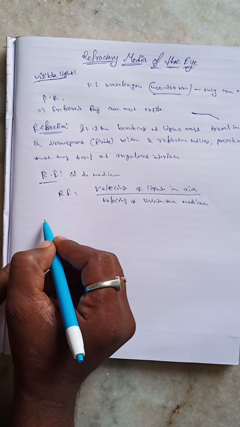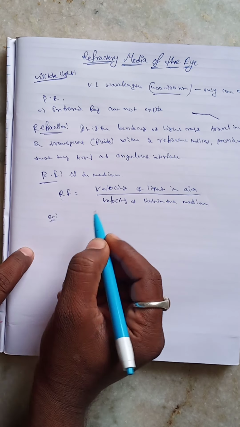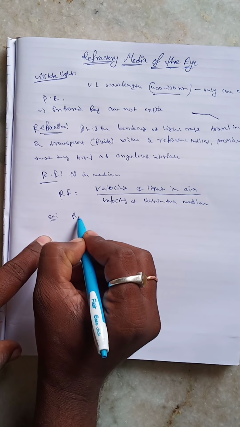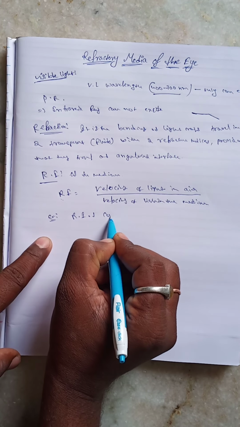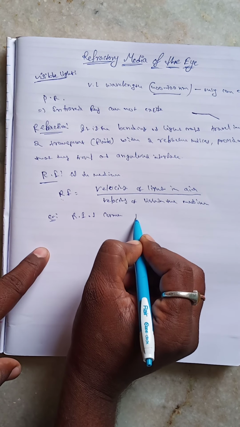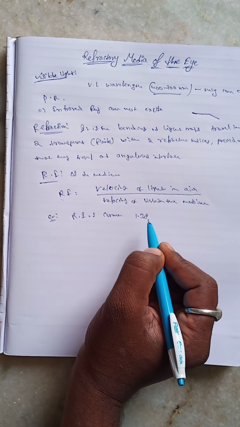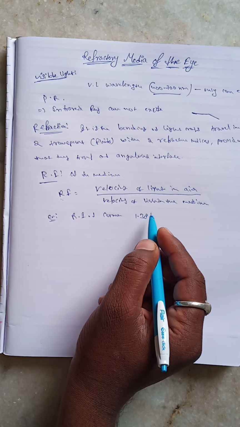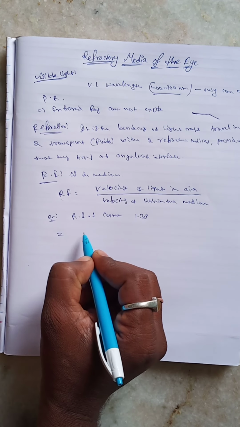For example, what is the refractive index of the cornea? RI of the cornea is 1.38. It means the velocity of light in air divided by the velocity of light in the cornea is equal to 1.38. So how do we determine the cornea's refractive index?